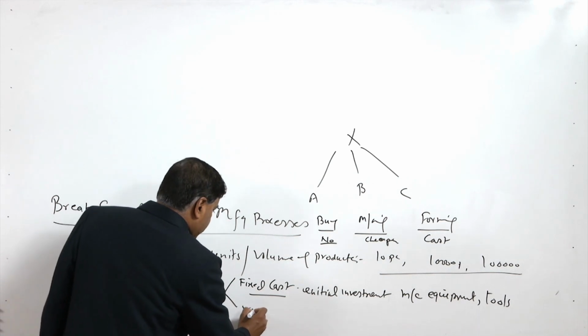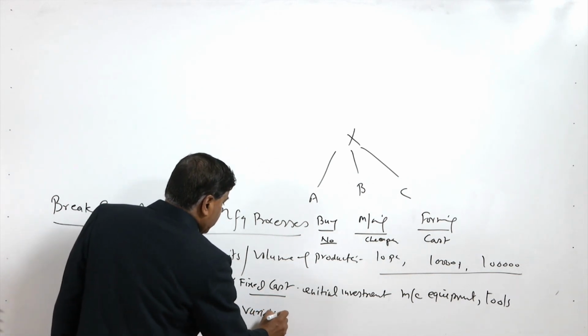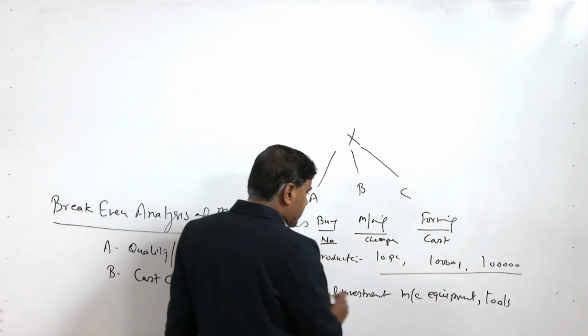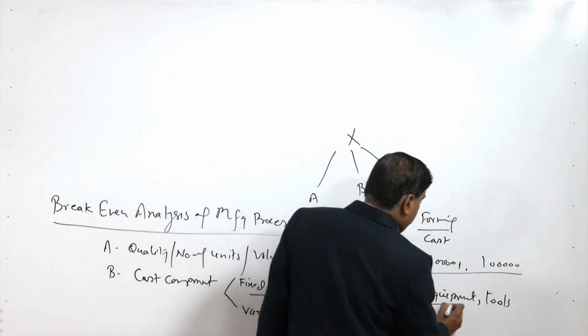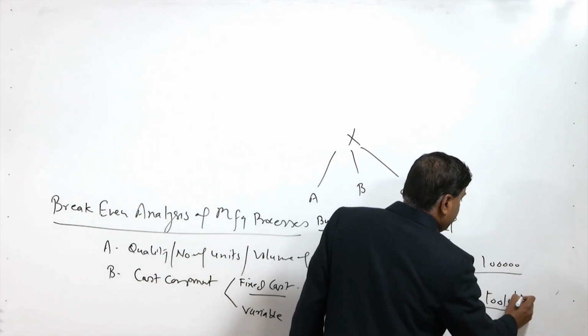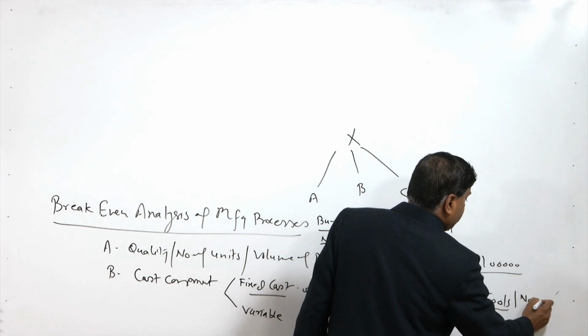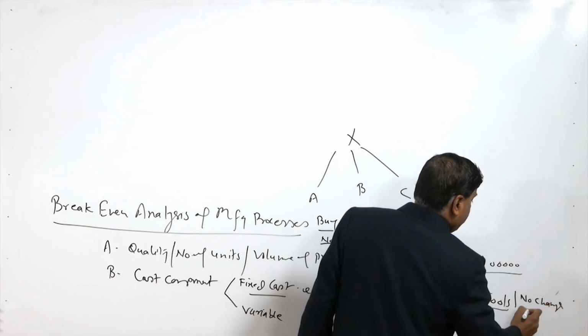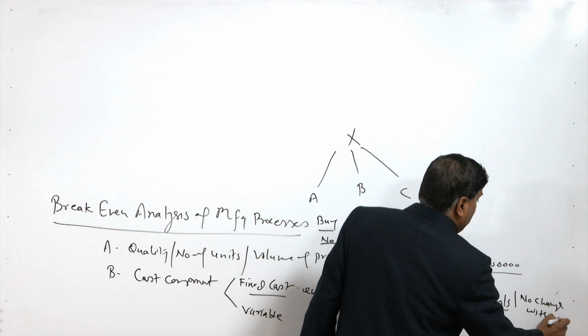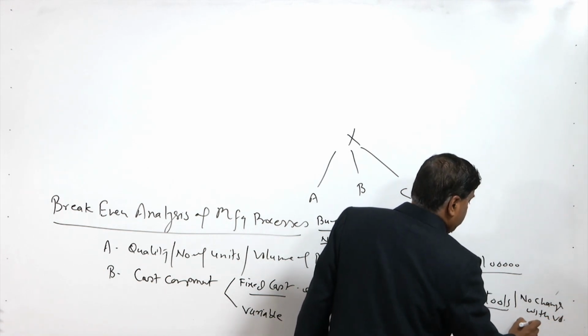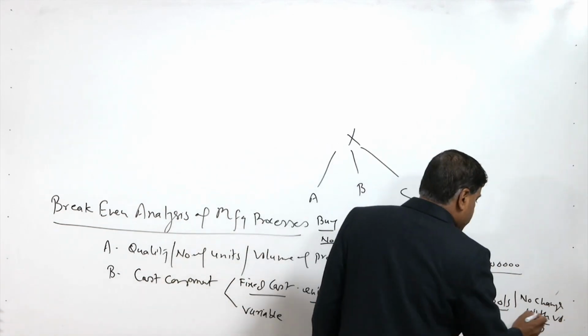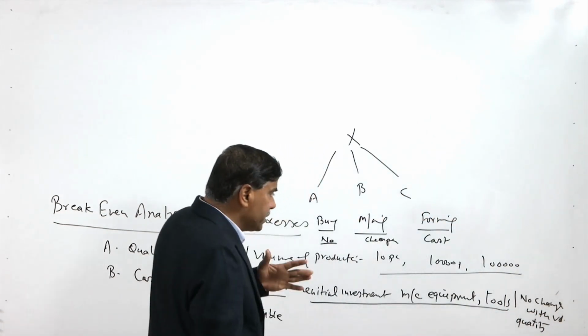This fixed cost is called fixed because it does not change with the volume or the quantity to be produced. It remains fixed; it does not change with the volume or the number of units.